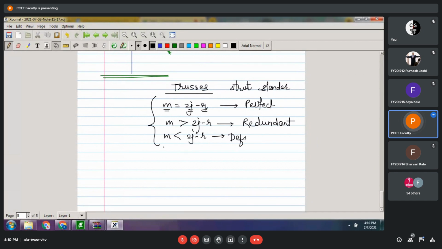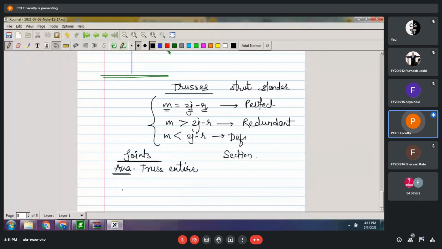Next is, we are having two methods for trusses, joints and section. Particularly when joints is asked, you need to analyze entire truss जिथे विचारला असतो. Okay, so entire truss is expected to be analyzed. We will use method of joint.